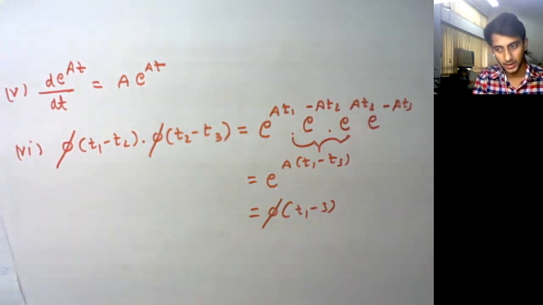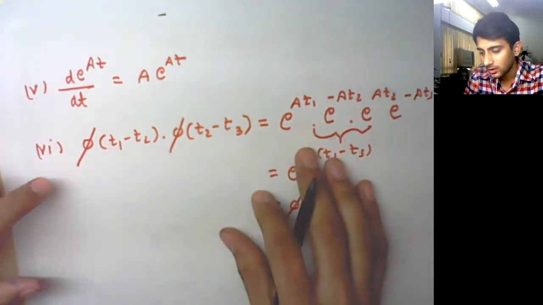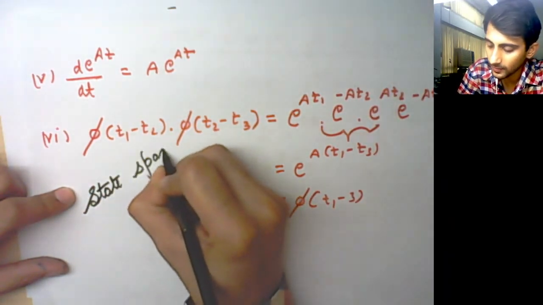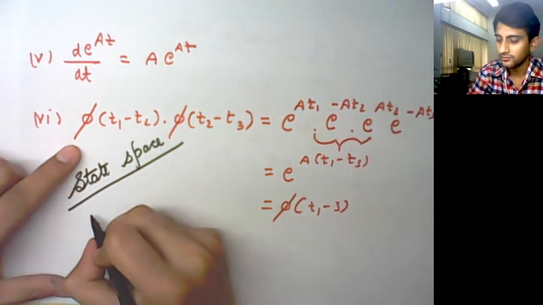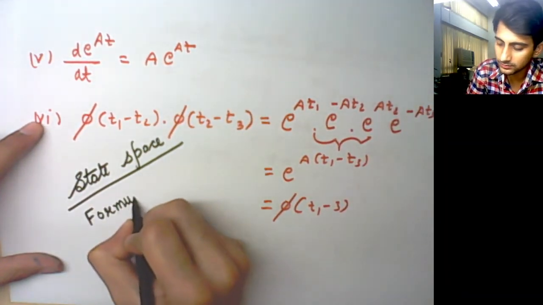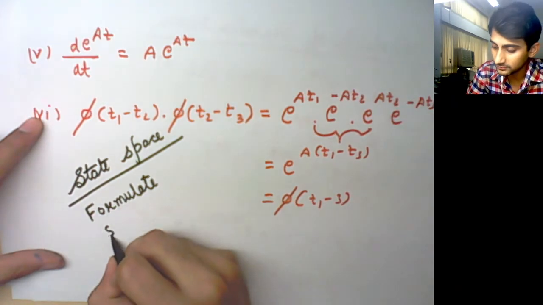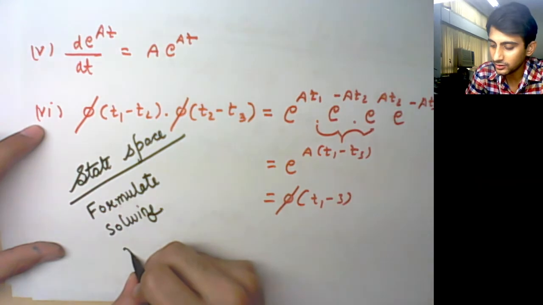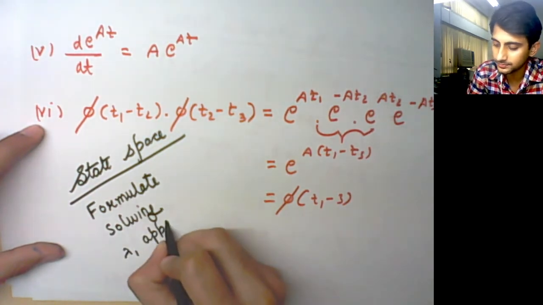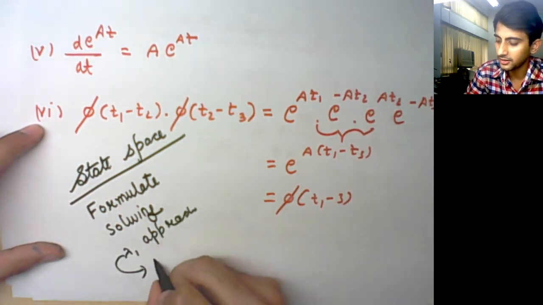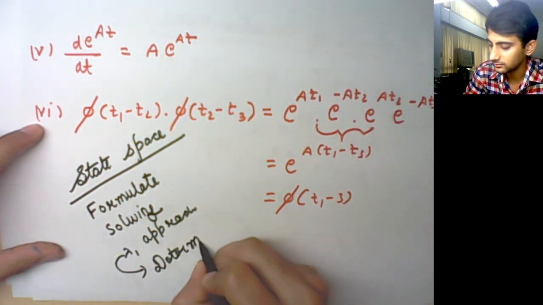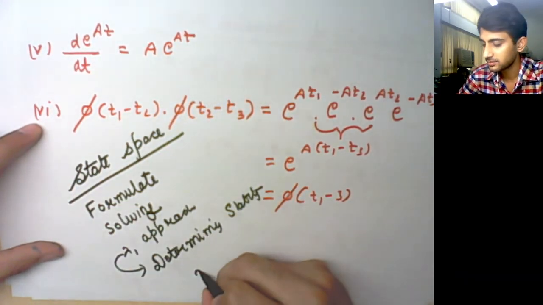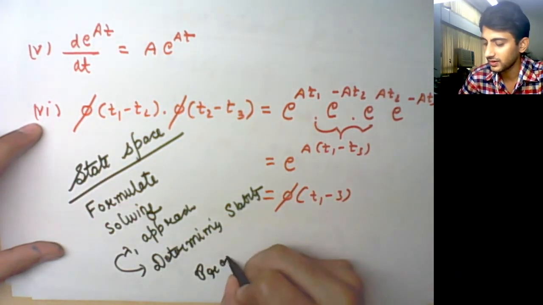So we have done quite a good amount of work on the transition matrix and state space analysis as of now. What we have done: formulating the state space equation, solving the state space equation, the eigenvalues or lambdas approach, determining the stability from lambda, and lastly, some properties of a transition matrix.